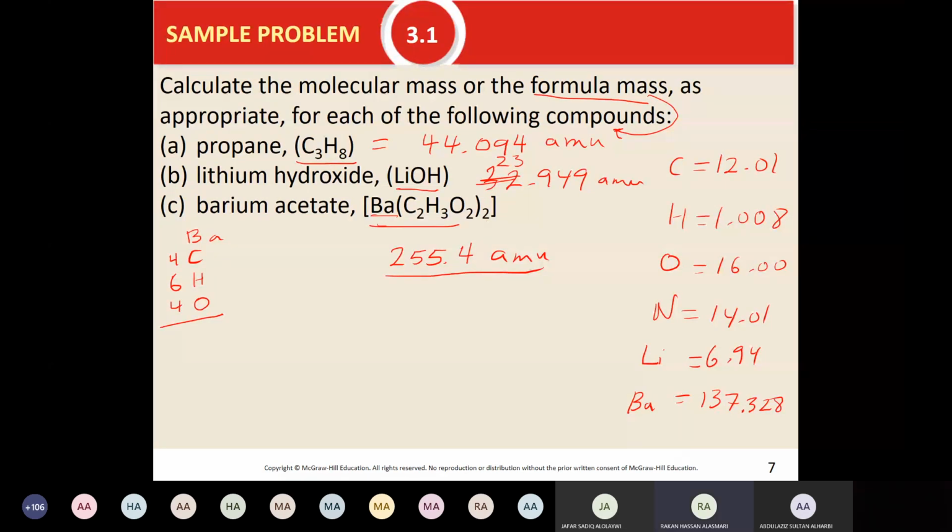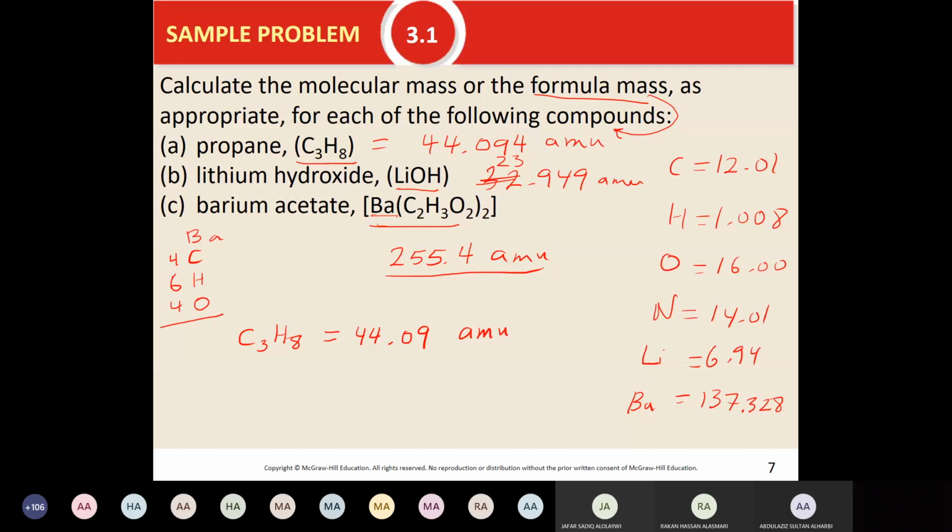Very good. Now, let me ask you a very simple question. Let's talk about C3H8. I want to know what's the total mass of C3H8? 44.09 AMU.